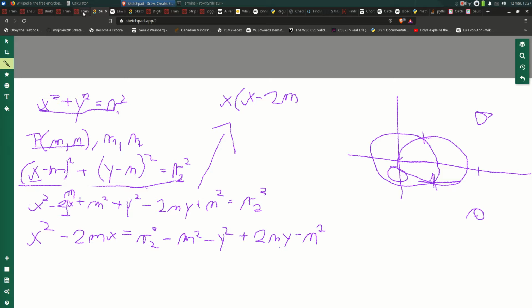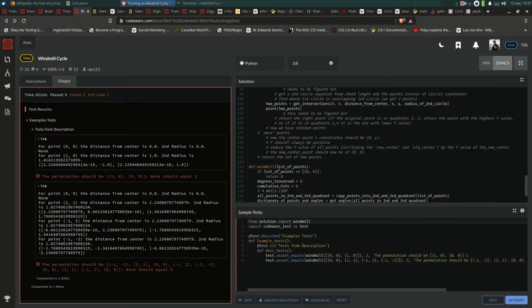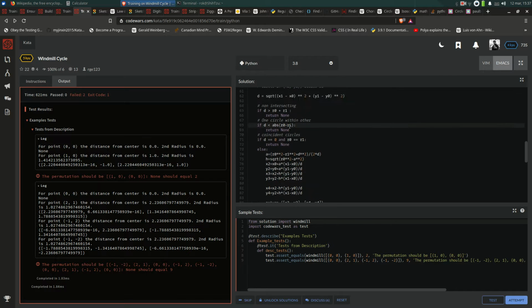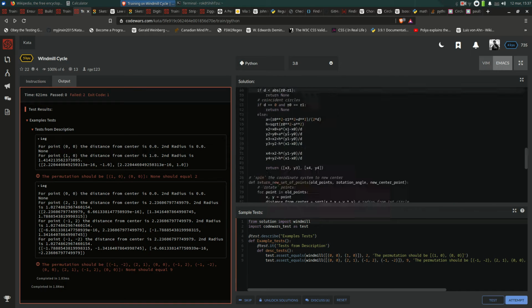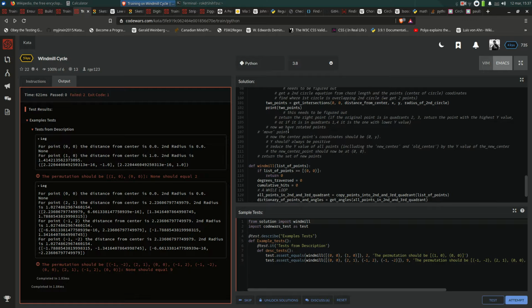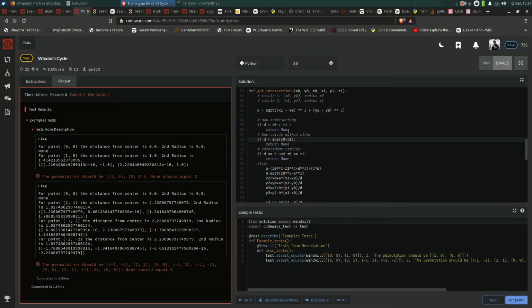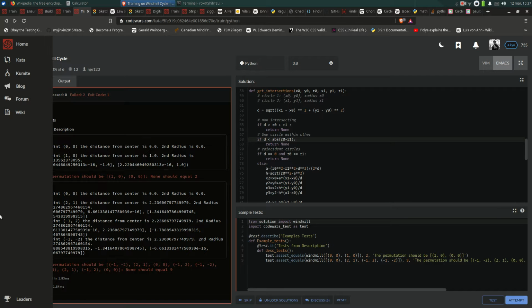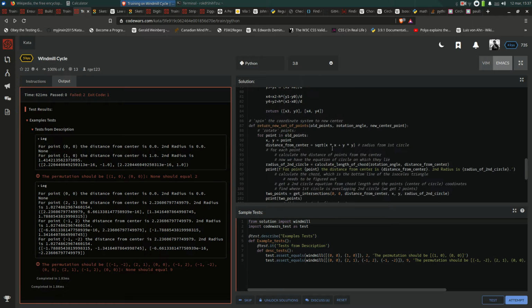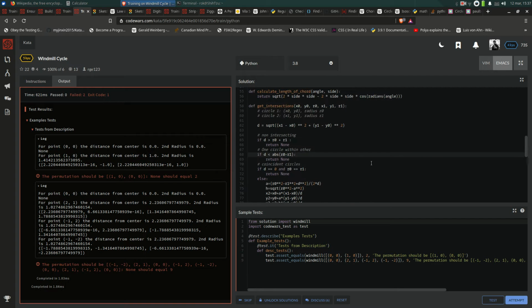Why? X1. And I guess those should be like the center points, right, of them. 0, 0 distance from center is the first one.